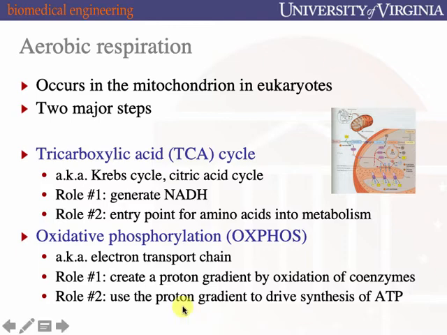That involves oxidation of all of the reducing equivalents that we've described up to this point. So electrons are going to be transferred across a number of multi-protein complexes. And then the phosphorylation, what's getting phosphorylated is ADP to create ATP. And that's done by using a chemical gradient of those protons across the mitochondrial inner membrane.